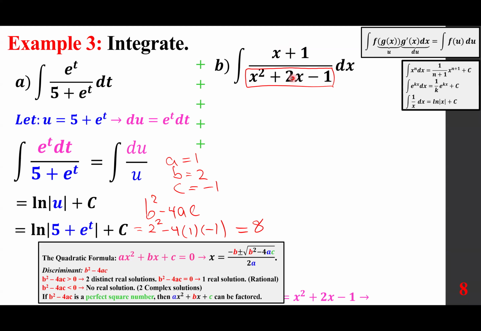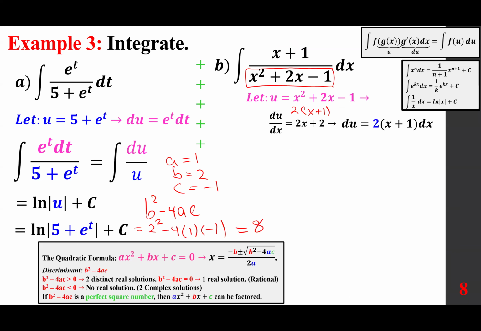The denominator is a choice of u. As you know, its derivative, du dx is 2x plus 2, or 2 times x plus 1. Therefore, du is 2 times x plus 1 dx. We are going to rewrite this by putting the dx next to the numerator.